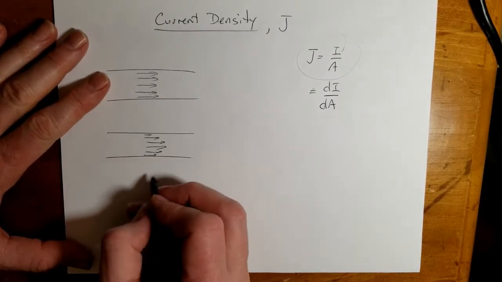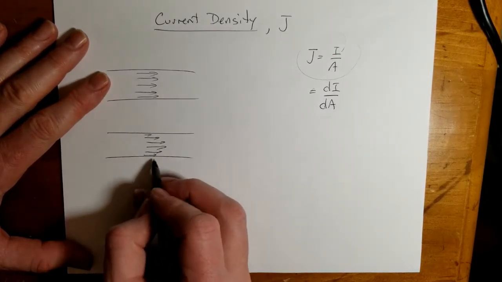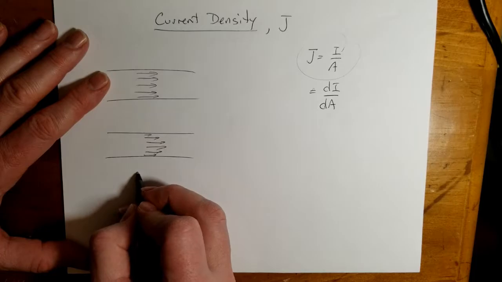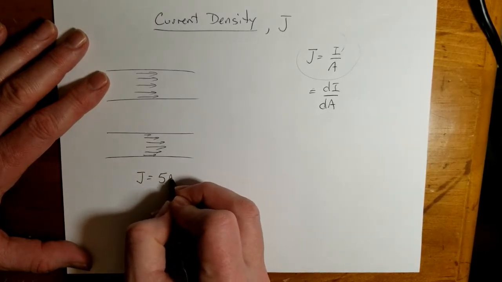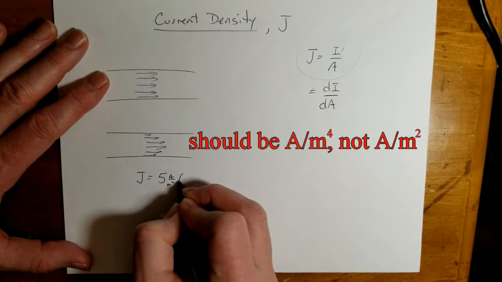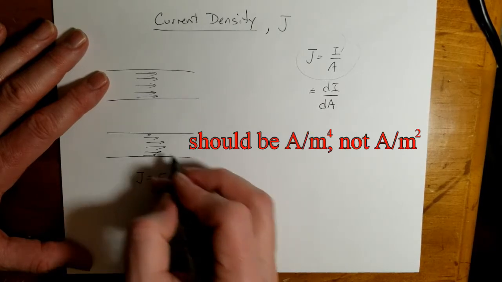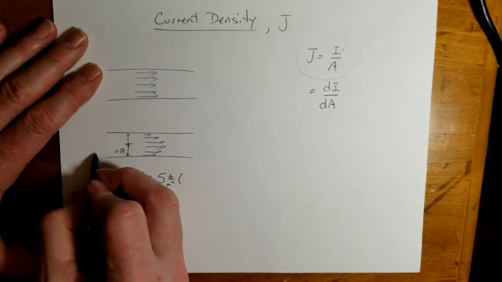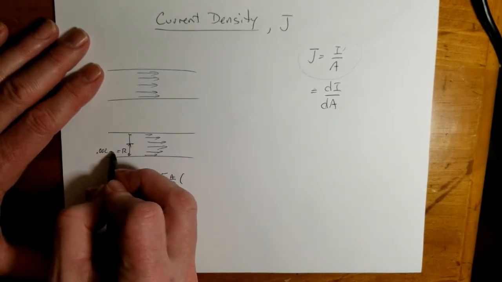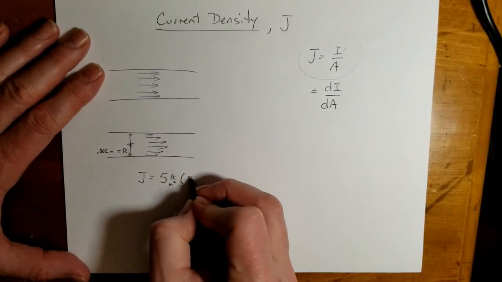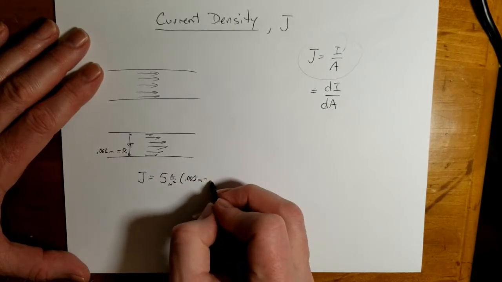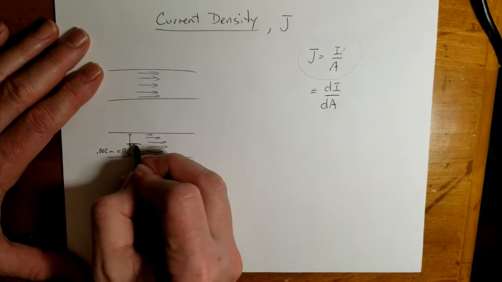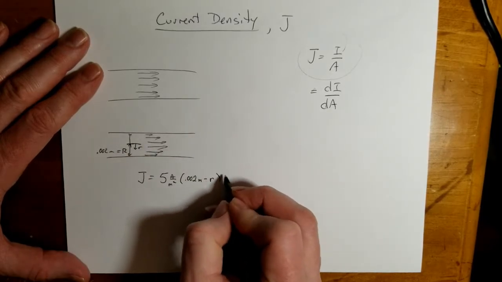And so if I have some relationship here of, let's say, my current density is equal to 5 amperes per square meter times my radius, let this be 2 millimeters, 0.002 meters, so 0.002 meters minus r, which is the distance from the center, squared.